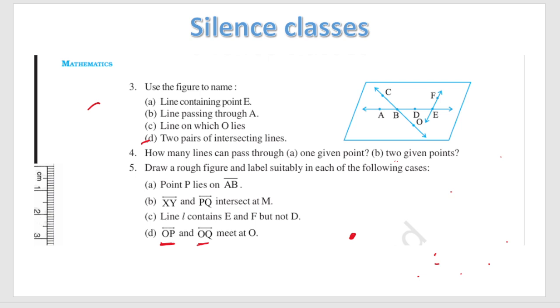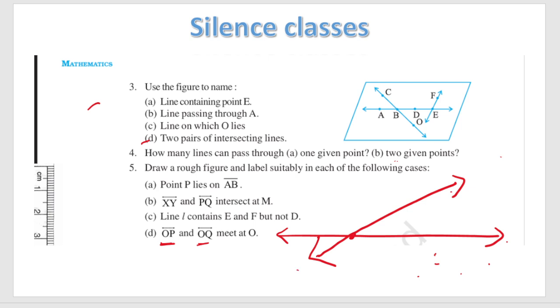We draw two lines like this, and name them OQ and OP.